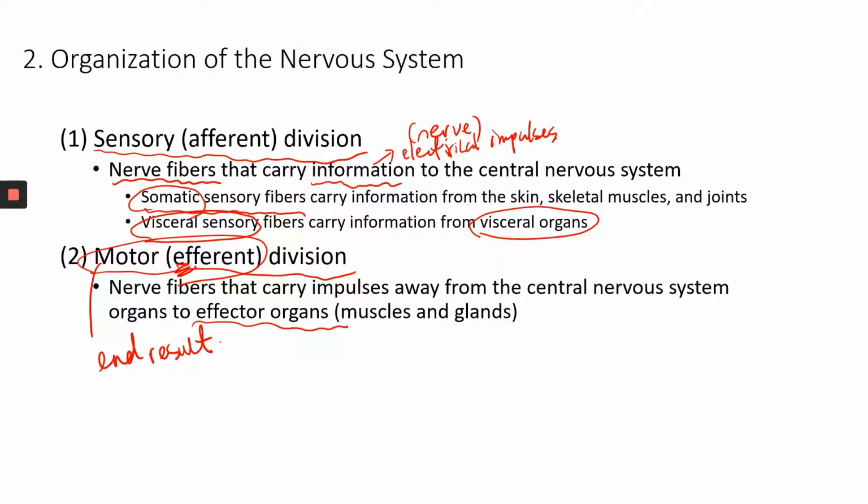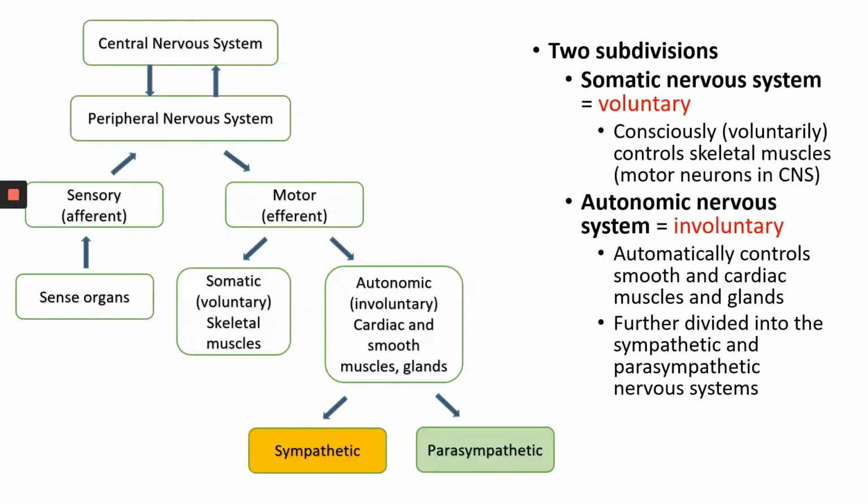Now, in terms of the general functions, right, now specific structures. Okay, we just mentioned the sensory and motor. Here I have a flow chart that shows you a quick overview of the different divisions in the nervous system. Let's look at the overview, and then I want to talk really quick about the two subdivisions of the motor division. Now, if you just look at the nervous system, there are two main components.